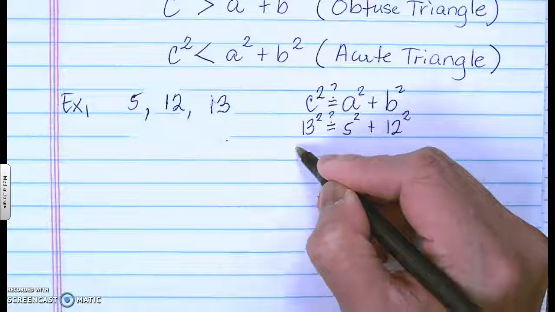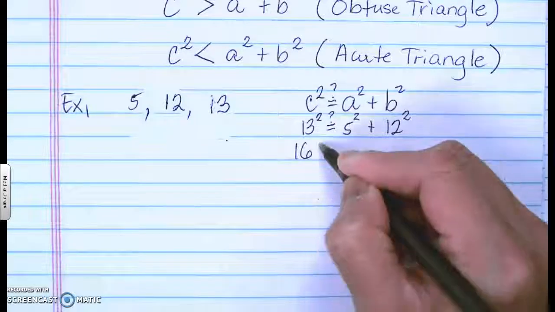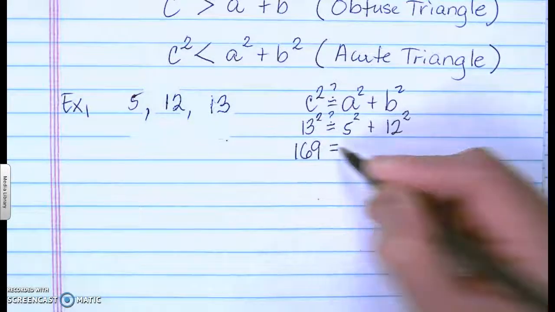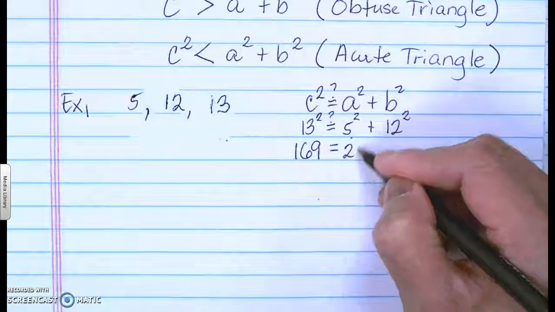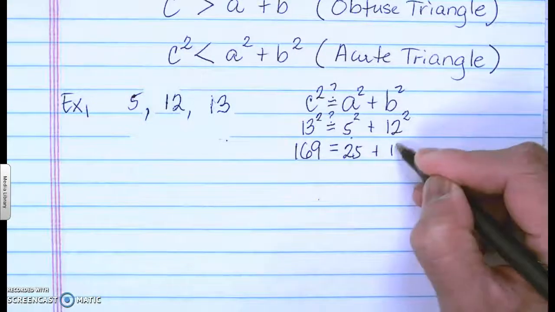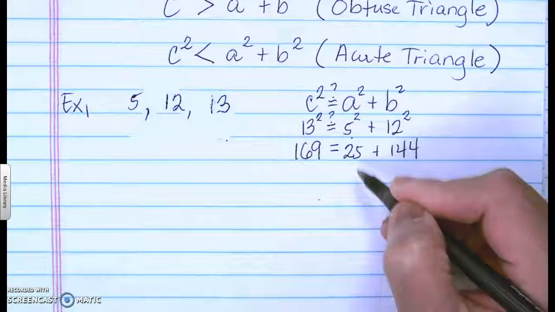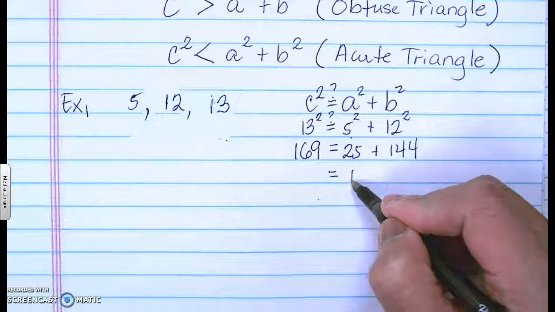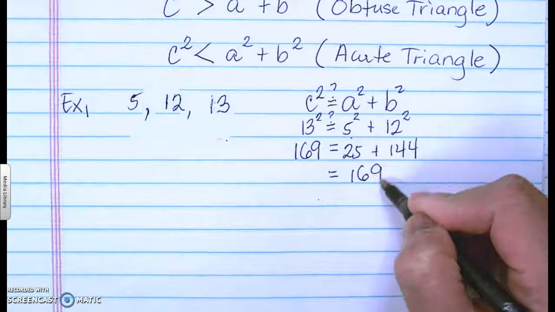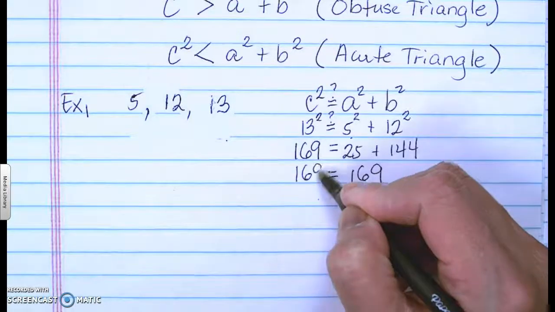So 13 squared is 169. Please do me a favor and check that for me. Is 13 squared 169, and this is 25 plus 144. That is going to be 169. And this is 169.